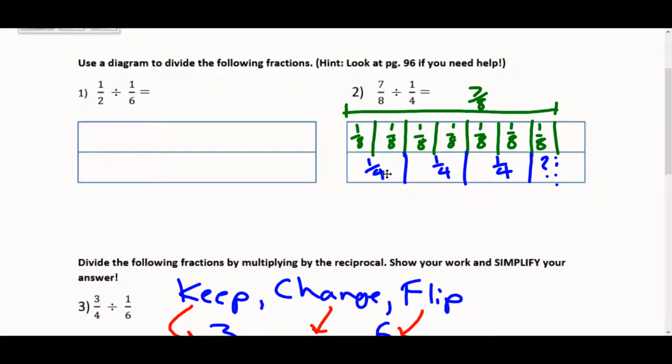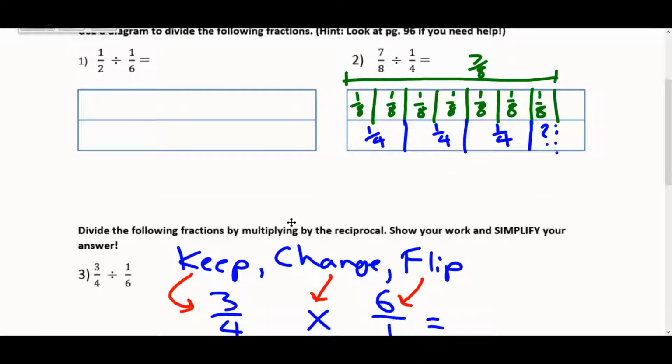Oh wait, there's only 3 full 4ths in these 7/8. So there's 1, 2, 3, and then how much of a 4th is left over here? I'll let you think about that. Our answer is going to be 3 and something. We'll leave you at that.